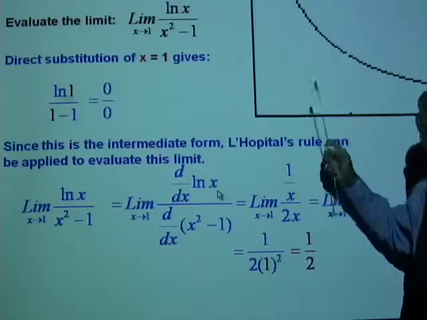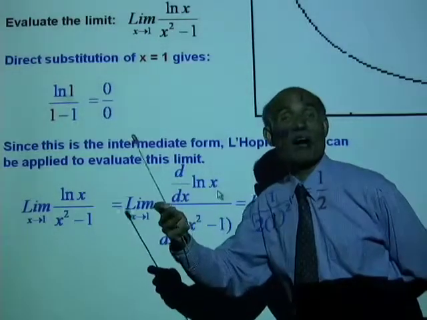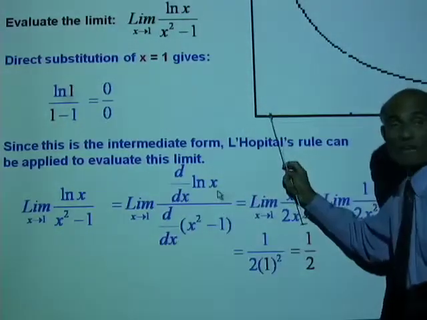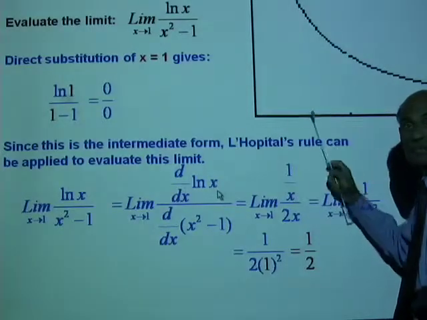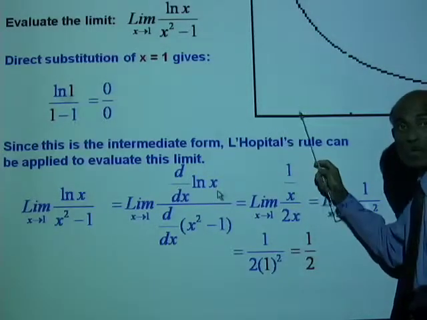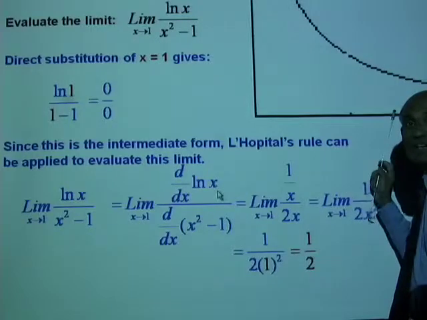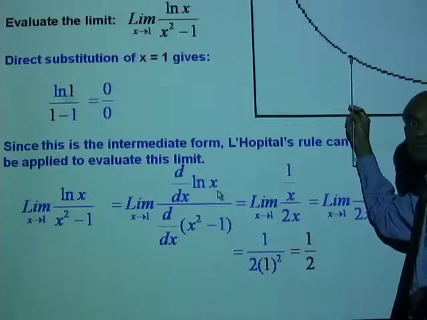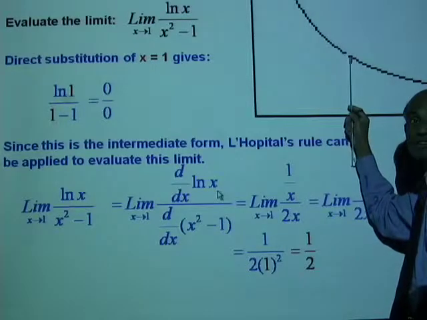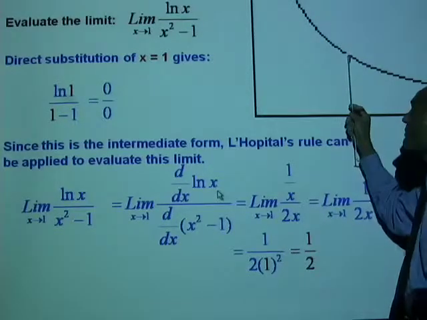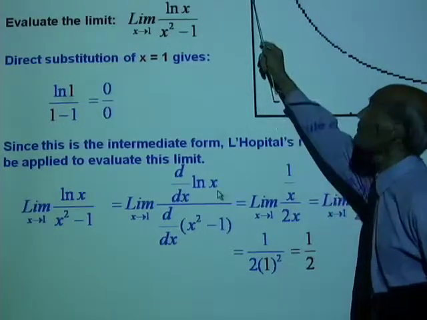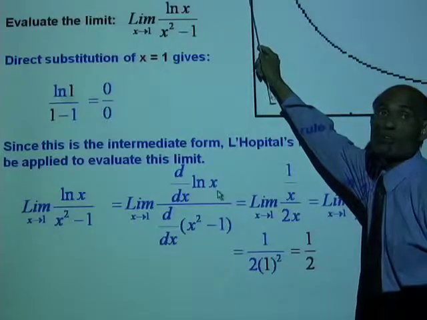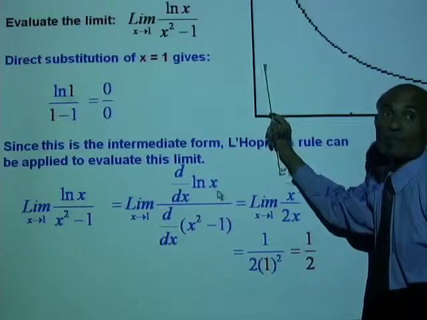That indicates that the function is undefined at x equal to 1. But as x approaches 1 from the left and from the right, the function value approaches 1/2. This is 1/2 because I have used the scale so that that's 1, this is 1/2.